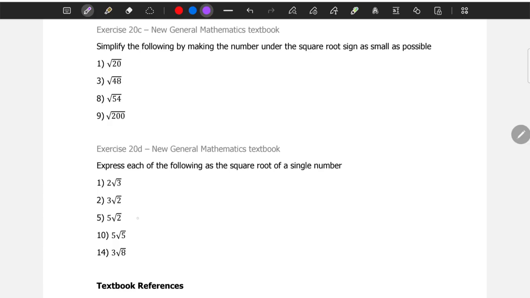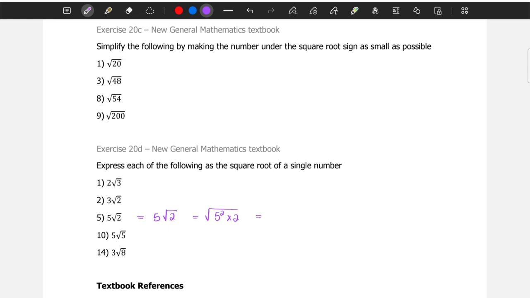So I can do number 5 as an example, where we have 5 square root of 2. To put 5 back under the square root is the same as saying 5 squared times 2, right? So that's how you put it, because to take it out of the square root, you find what number you would have multiplied twice to get a perfect square.